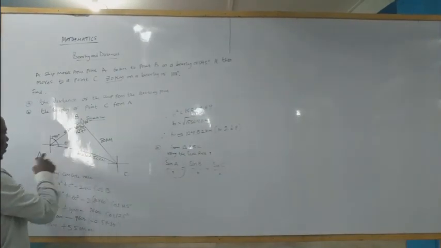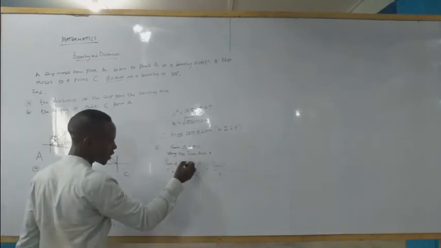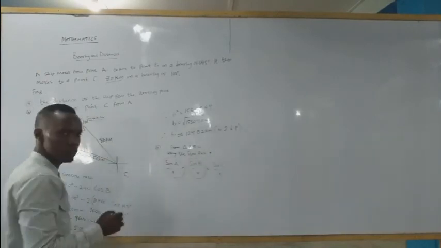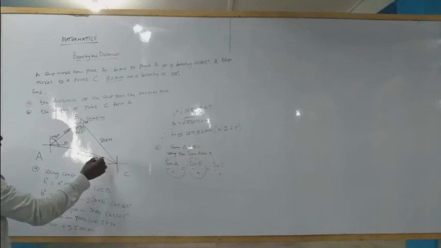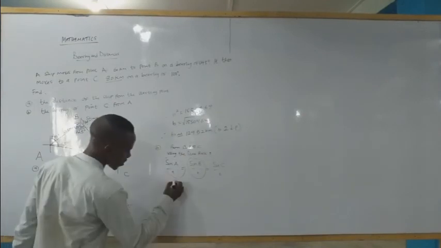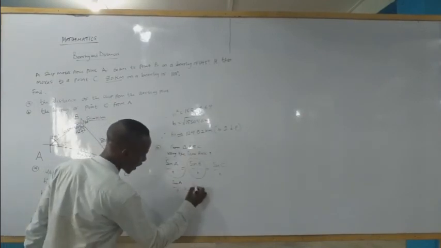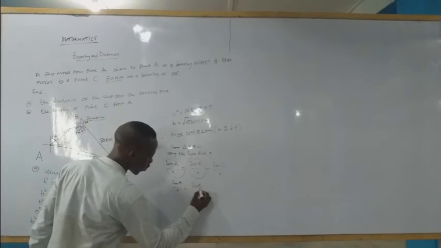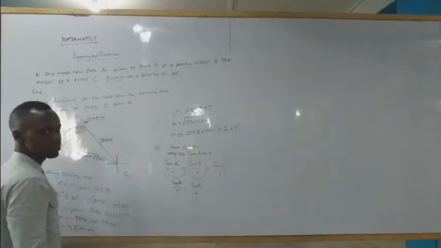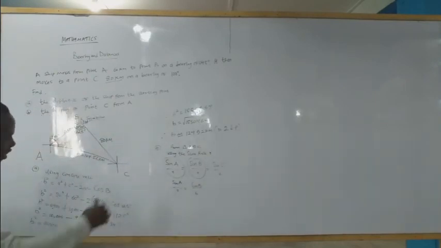So we have to combine A and B. So we don't need C because we don't know the angle at C. So we have to adopt these 2. Sine A over A equals sine B over B.